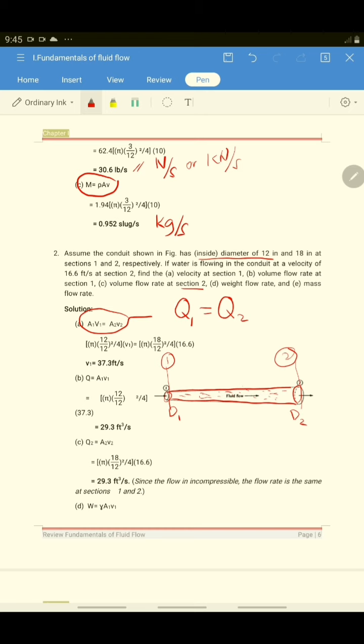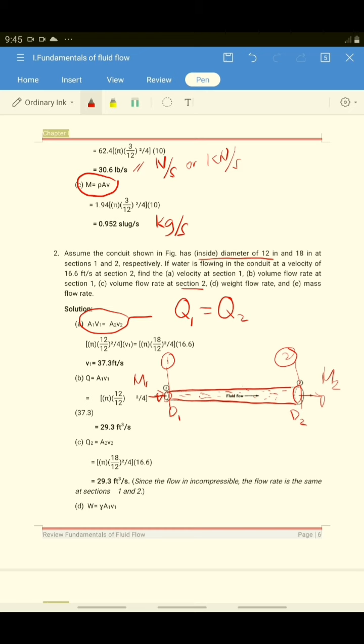That the fluid that enters the pipe is also equal to the mass of fluid that is going out of the pipe. So we have Q1 is equal to Q2.